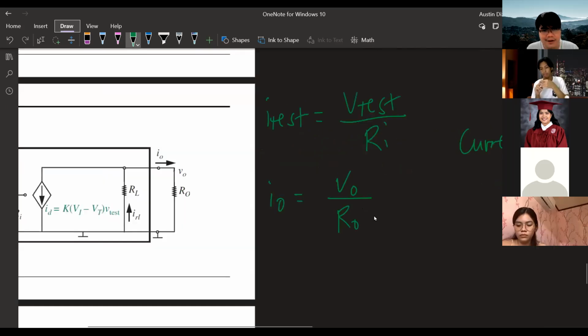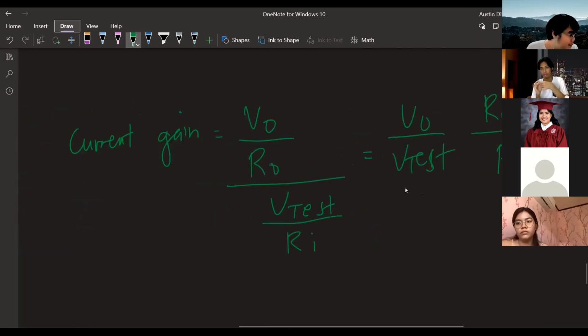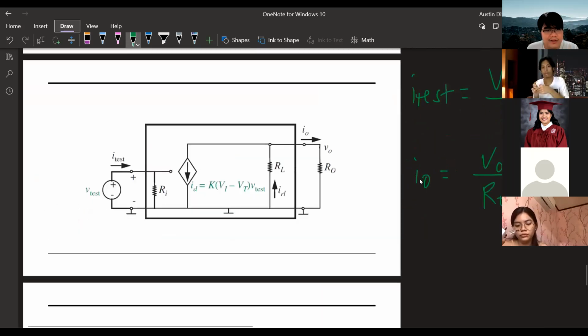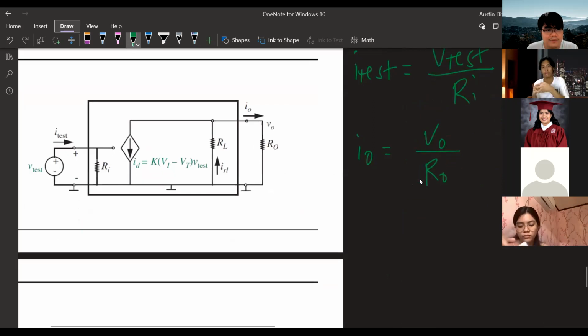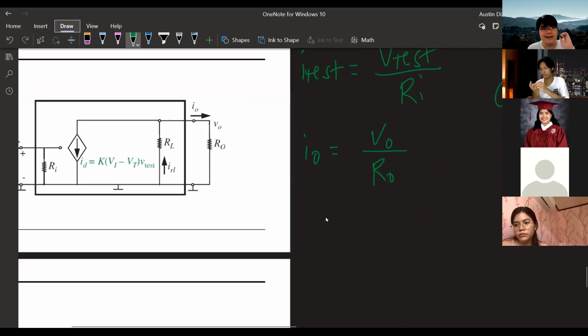But let's try to find out ano yung VO and V test. Okay. So, VO, okay, madali lang. Alam natin may dumadaloy na ID na current dito. Okay. Tapos, so natin malaman yung VO here.